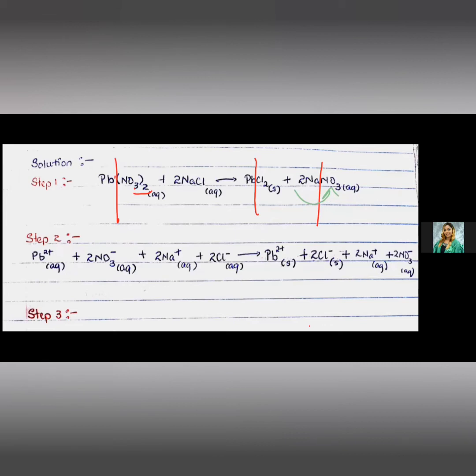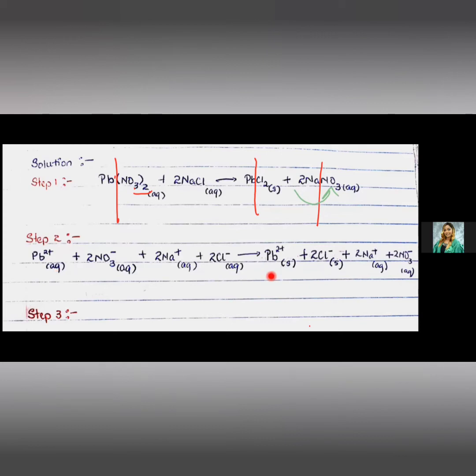Yes, miss. Right. Now at this point, what we need to look for is to get rid of the ions that are remaining unchanged on both sides of the equation in terms of state and valency. So let me start to look. Pb on the reactant side is 2 plus aqueous.